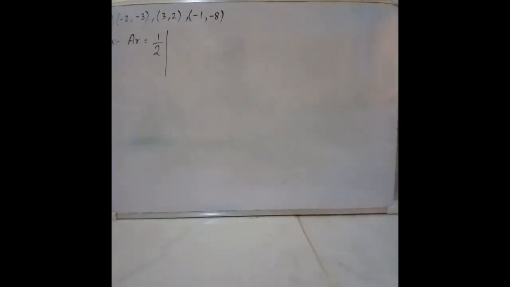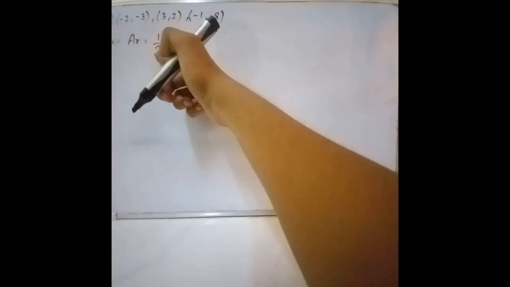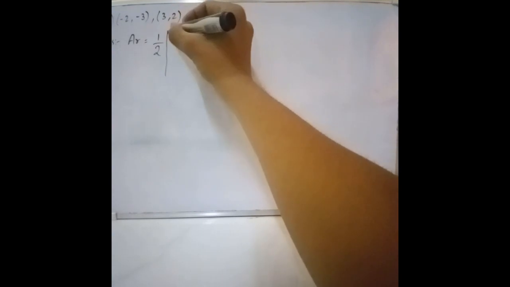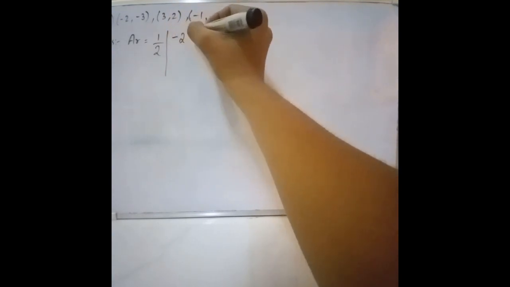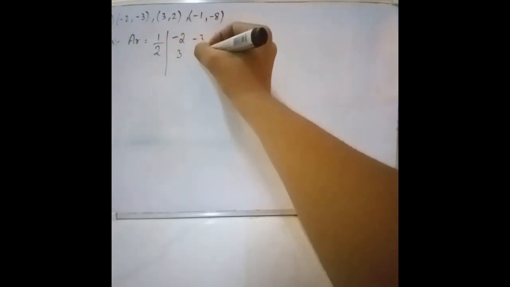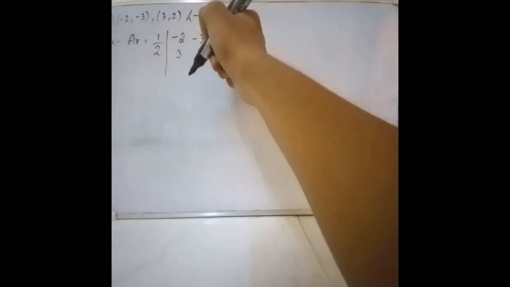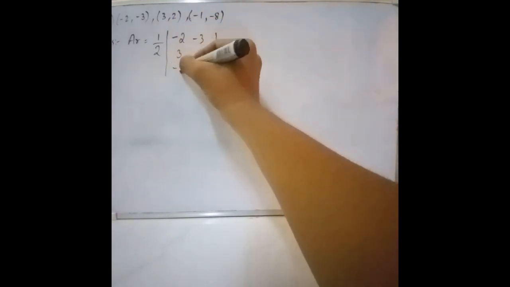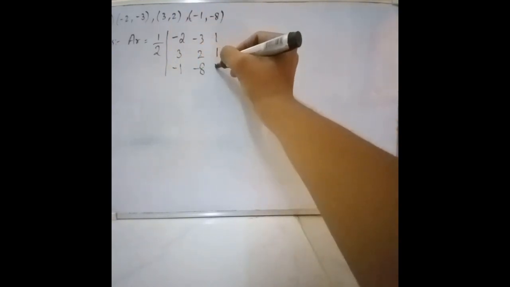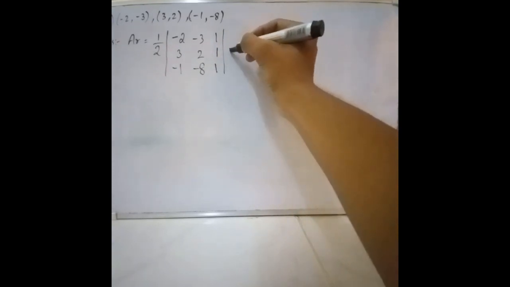For the third question, we have these three coordinates. The area would be half times the determinant of -2, -3, 1 as x1, y1 and the third element; x2, y2 are 3 and 2, then the third element is 1; and x3, y3 are -1 and -8, and the third element is 1. Now we take the determinant.